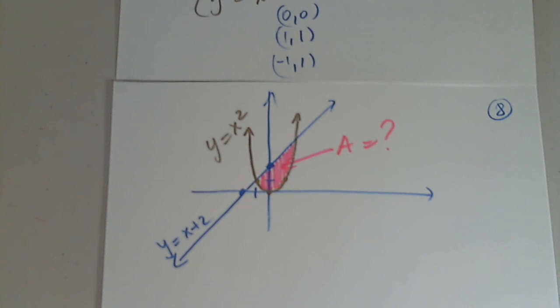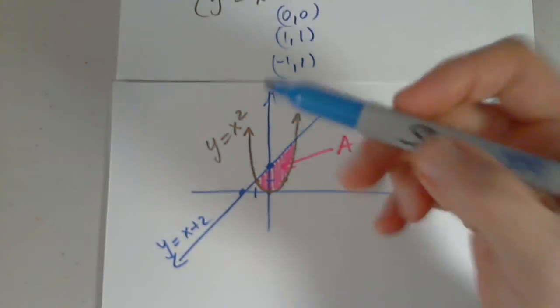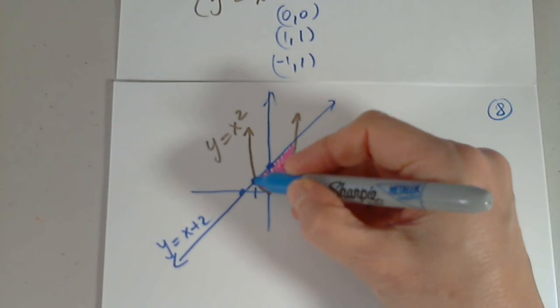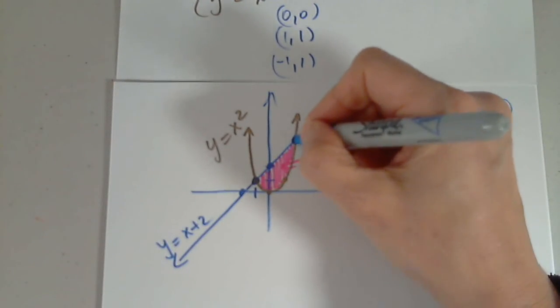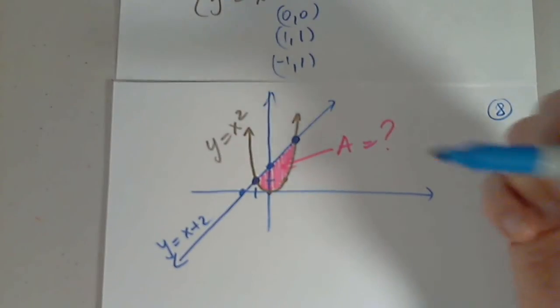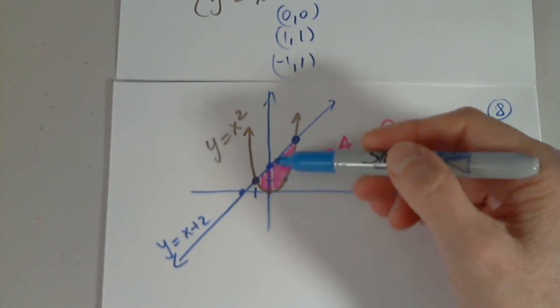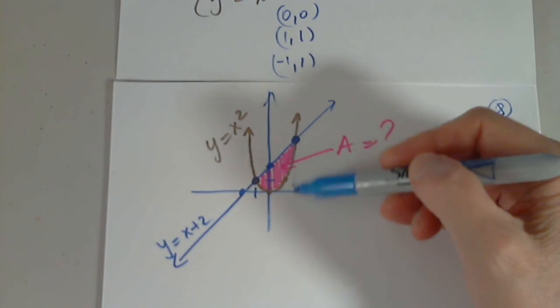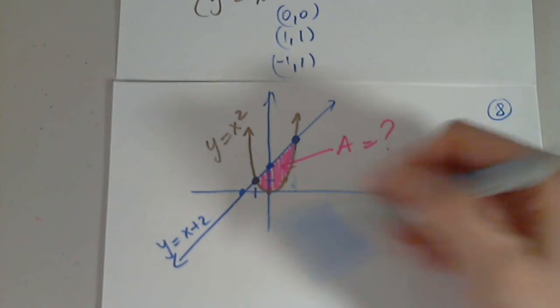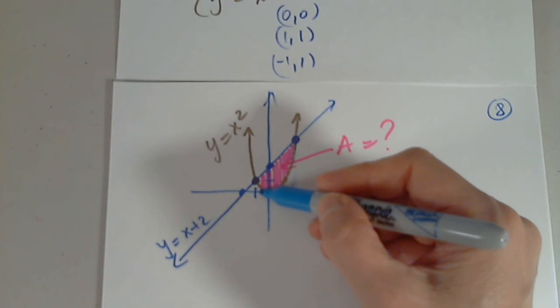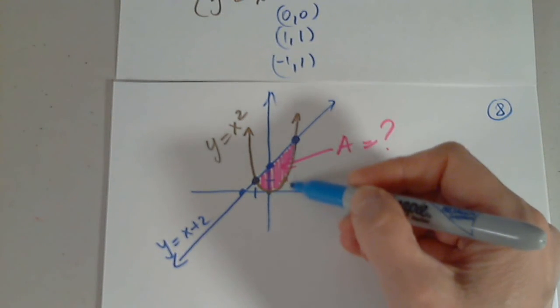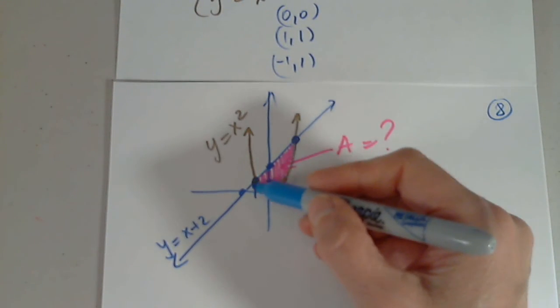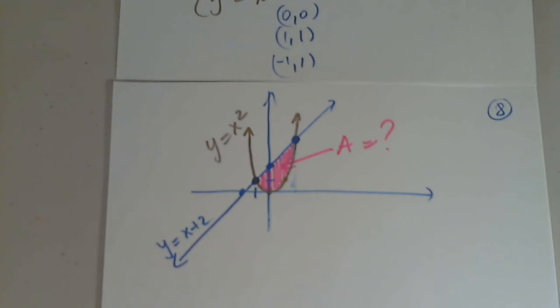How do I determine that area? Here's what we're going to do. We're going to find the points of intersection. And we are going to subtract from the area under the graph of the linear function the area under the graph of the quadratic function to get the pink area. One more time.